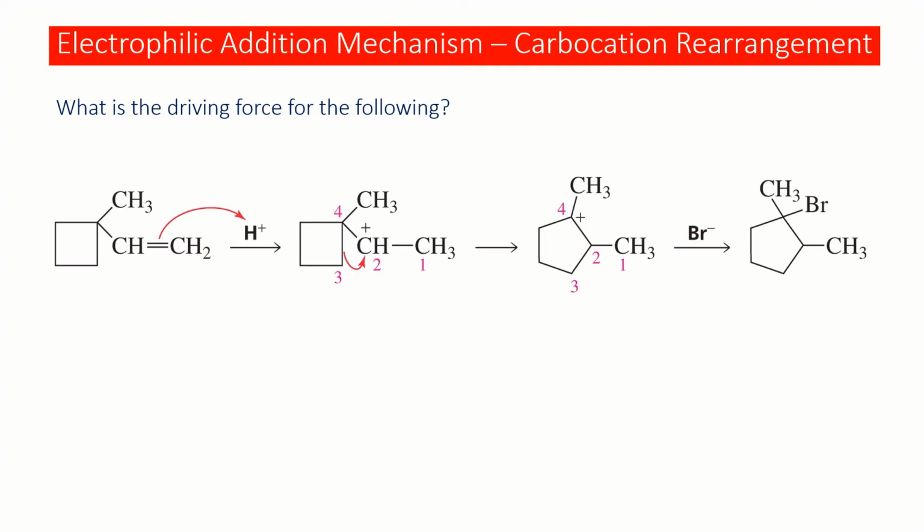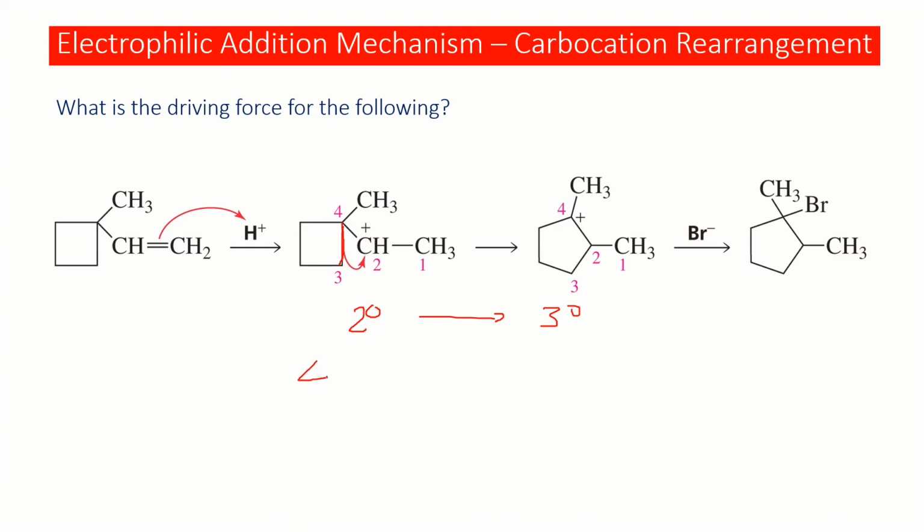Here is something interesting that happens because you can see that we start off with a secondary carbocation being formed, but then we have this ring expansion by an alkyl shift. So this pair of electrons that's part of this bond moves to carbon 2, and then we have the tertiary carbocation.